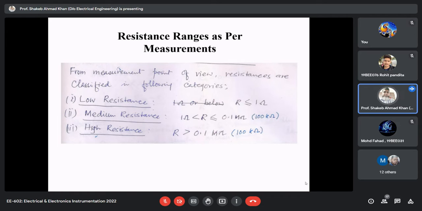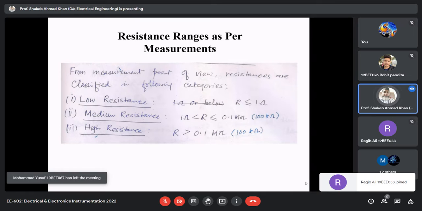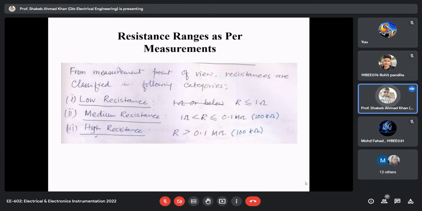And medium range resistance measurement methods, if applied to measure low and high resistance, won't be able to cater to the issues related to low and high resistance measurement, so they won't fetch you good results; accuracy will not be there. So different sets of methods are required to measure low and high resistances.